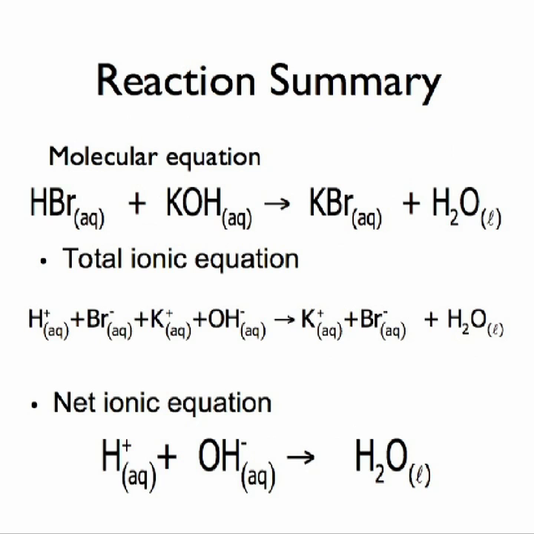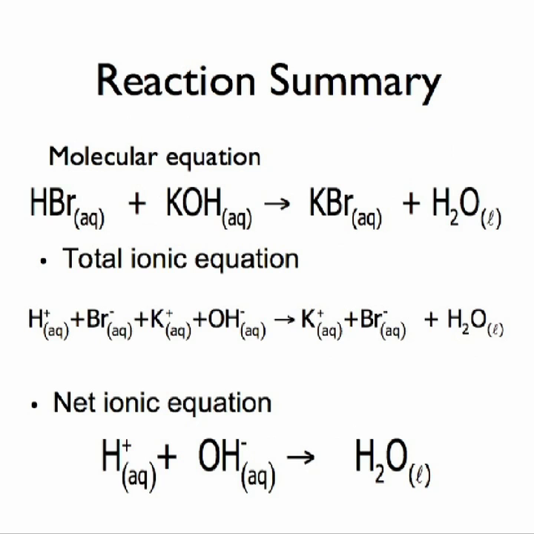Likewise, the strong base, potassium hydroxide, would exist as aqueous potassium ions and aqueous hydroxide ions. Potassium bromide would exist as aqueous potassium ions and aqueous bromide ions because all group 1 salts are soluble. And then liquid water exists as liquid water.